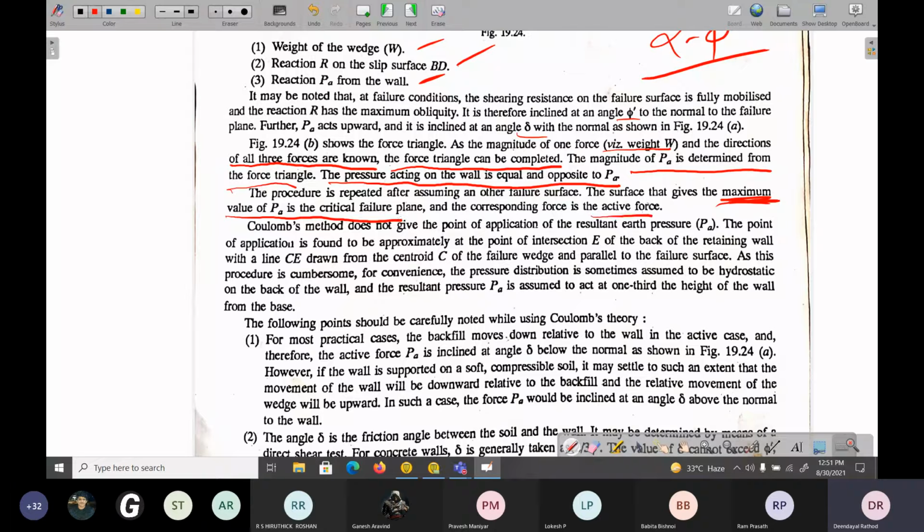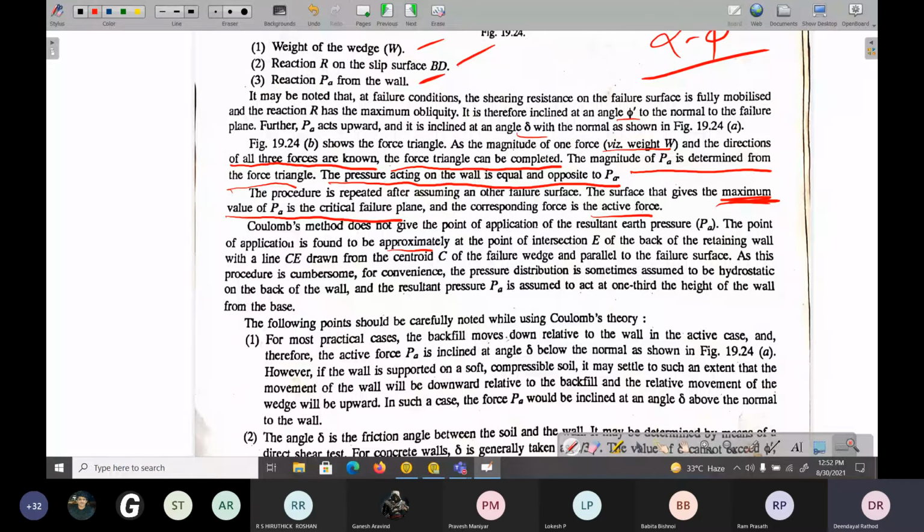So Coulomb's method does not give the point of application of the resultant earth pressure. The point of application is found to be approximately at the point of intersection of the back of the retaining wall with the line drawn from the centroid of the failure wedge and parallel to the failure plane surface.